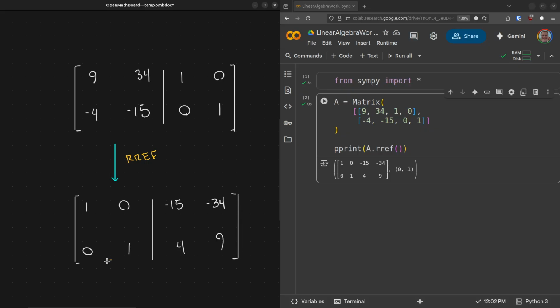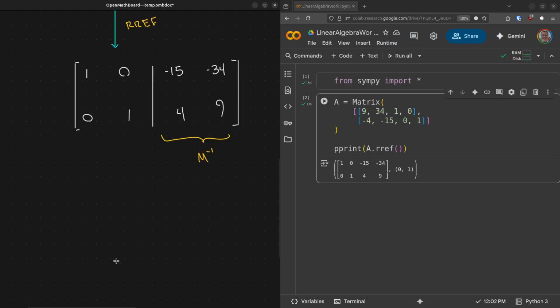Okay, so we do get the identity matrix on the left side of our augmented matrix, which means this over here, that is our inverse. That is our matrix inverse. Okay, so the inverse transformation of T is just going to be the inverse matrix times the vector.